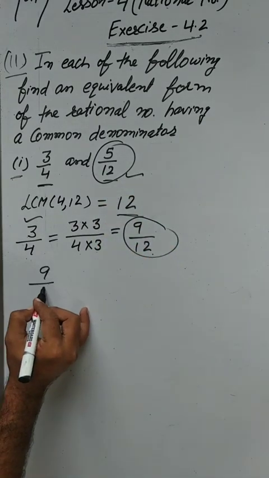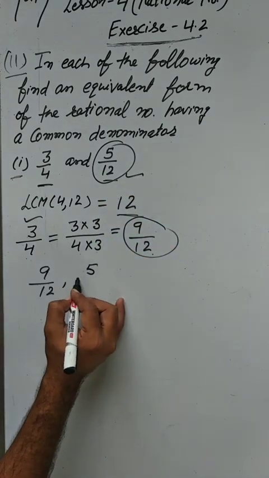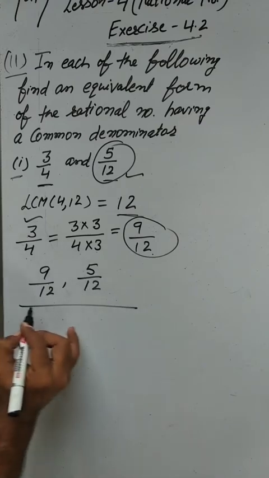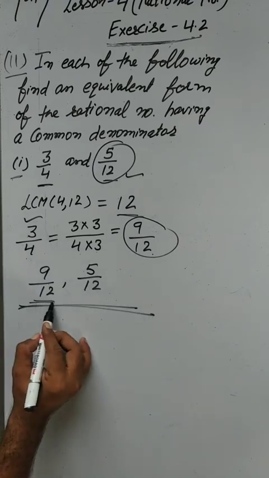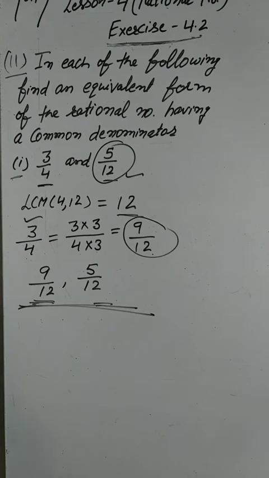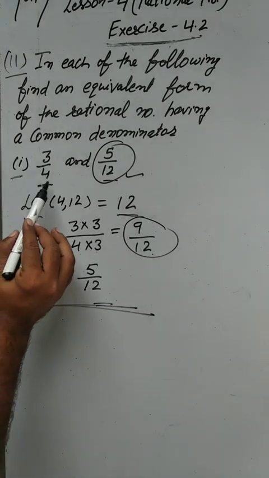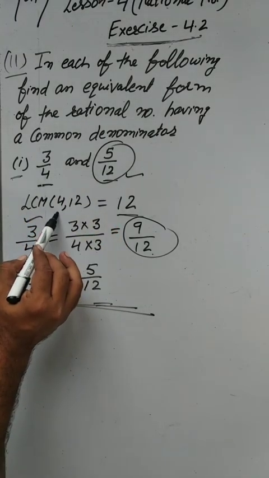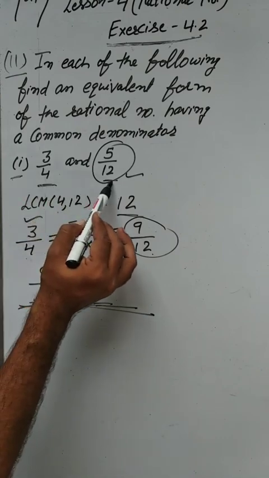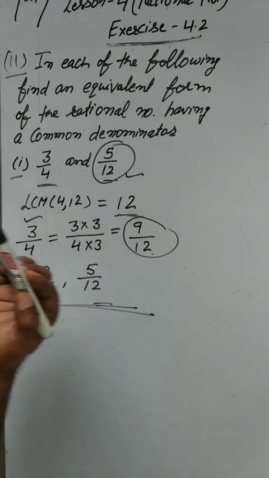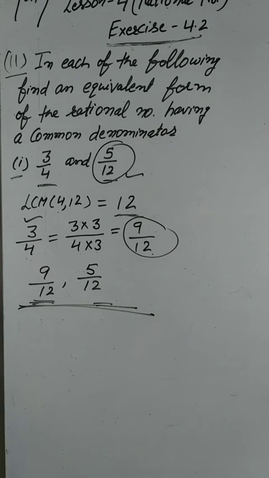So now these two numbers, 9/12 and 5/12, they are with the same denominator 12. Understood beta? First of all, find the LCM of the denominators and change the denominator of every rational number into the LCM. Then their denominators will become the same.